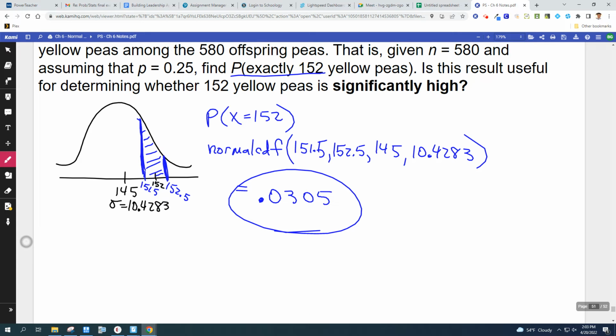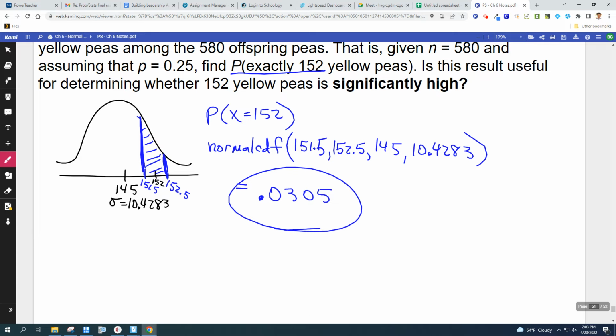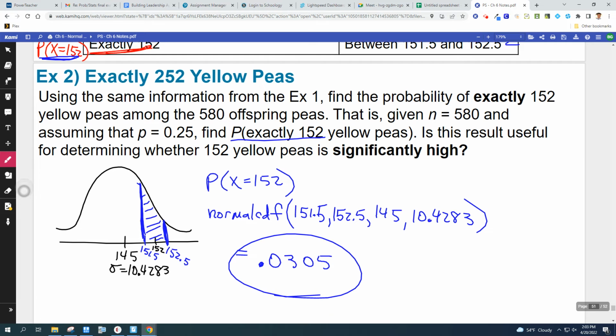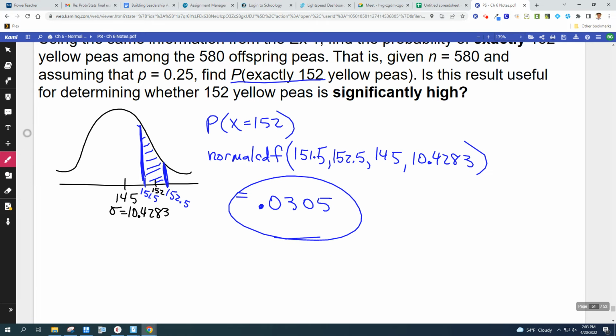The last part says, is this result useful for determining whether 152 yellow peas is significantly high? I don't really know, that's a tough question to just answer. I don't see it, so I would say no. It doesn't look like it really tells me much of anything.